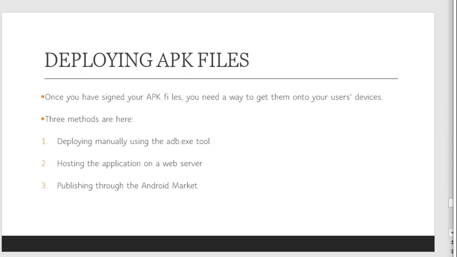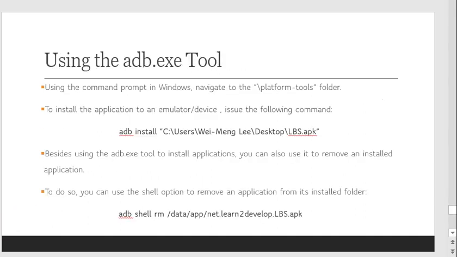Besides these methods, we can also install our application on users' devices through email or SDK. As long as we transfer the APK file onto the user's device, we can install the application. Next we will see each of the methods.